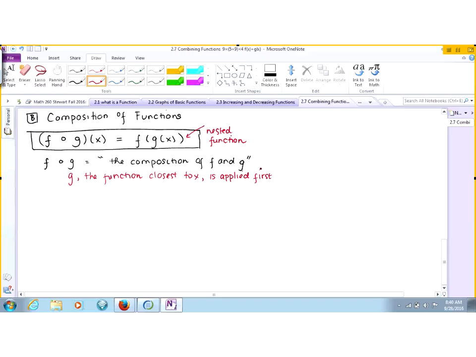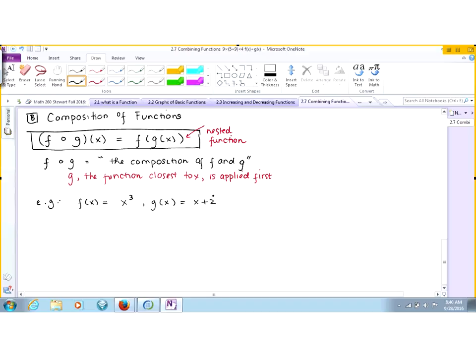All right. Okay. Now, let's do an example. Suppose f of x is equal to x cubed and g of x is equal to x plus 2.